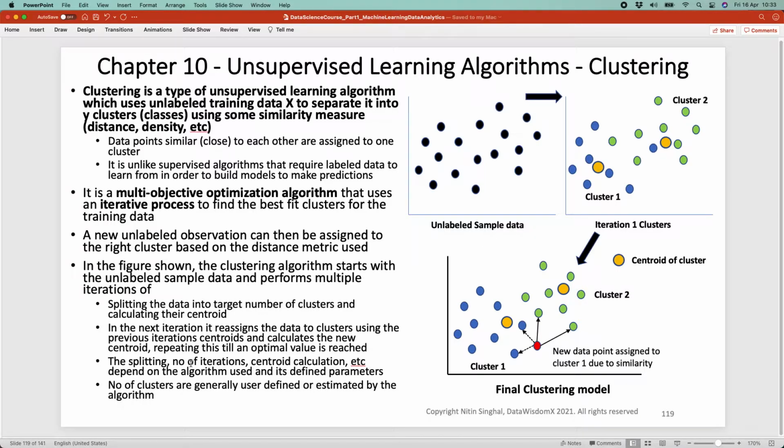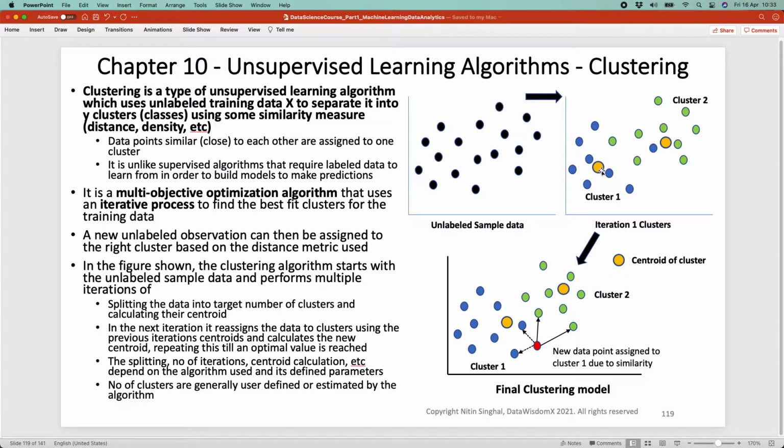What does it do? First, it splits the data into a target number of clusters and calculates their centroid. So if you look here, all these black points, we've now tried to split them into two clusters or groups. And what we decided was that these are the blue points, which are cluster 1, and the green points are cluster 2, and then we'll calculate their centroid.